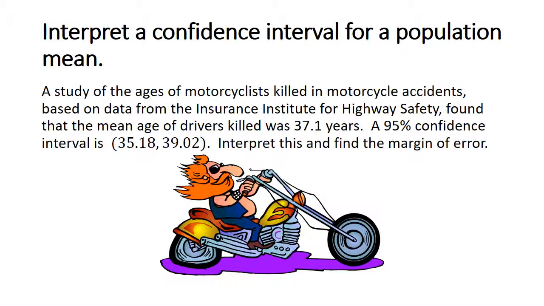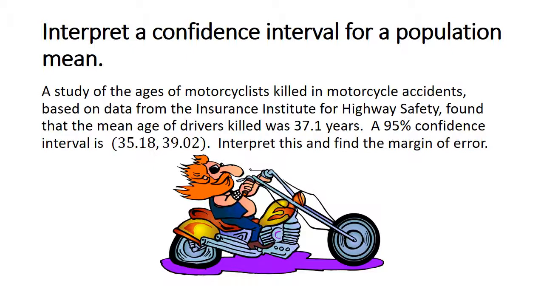All right, here we have an example that gives us a confidence interval in some crazy notation, which looks exactly like what we're going to get out of our calculators. And we want to interpret this. A study of the ages of motorcyclists killed in motorcycle accidents based on data from the Insurance Institute for Highway Safety found that the mean age of drivers killed was 37.1 years.